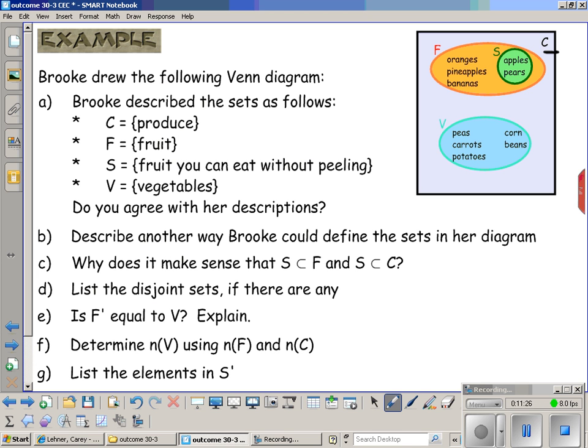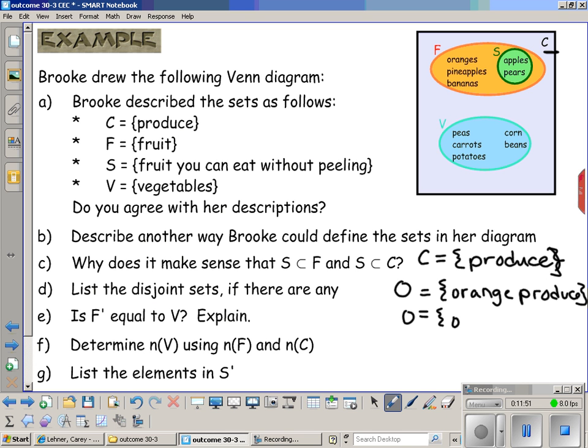Maybe she chooses to do this. But now, I'm going to categorize them by color. O is going to be orange color. And so therefore, if it's orange produce, my elements would be oranges and carrots, because those are orange in color.